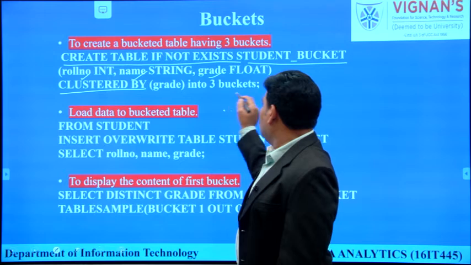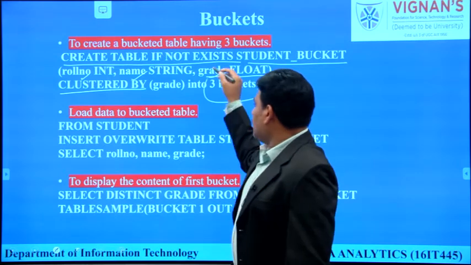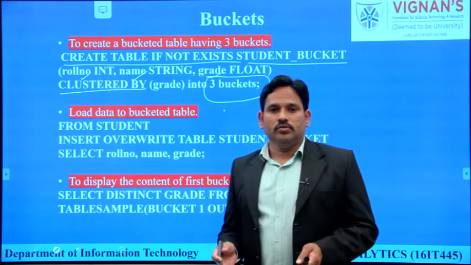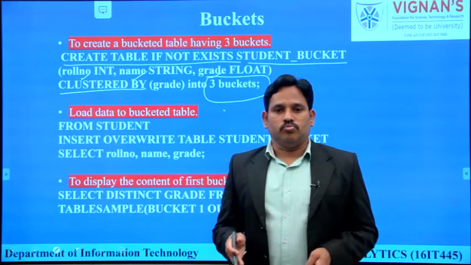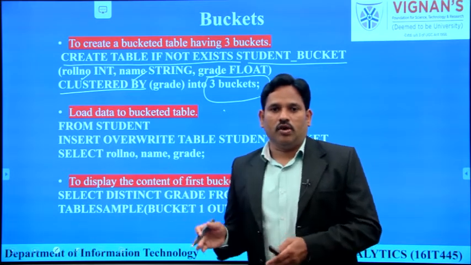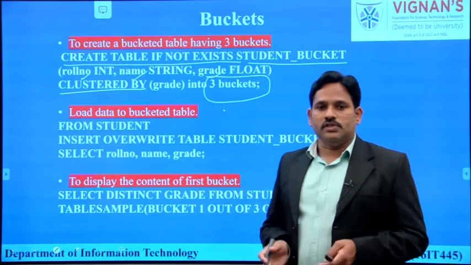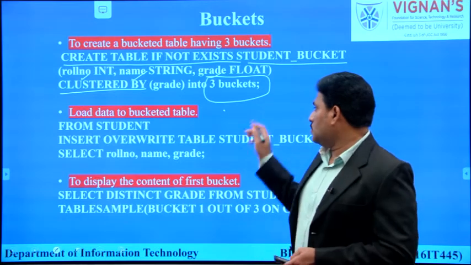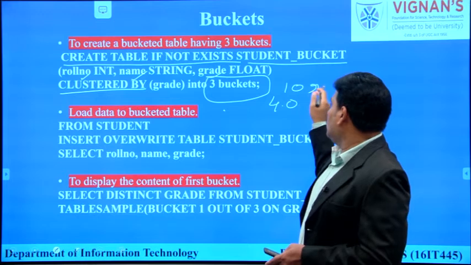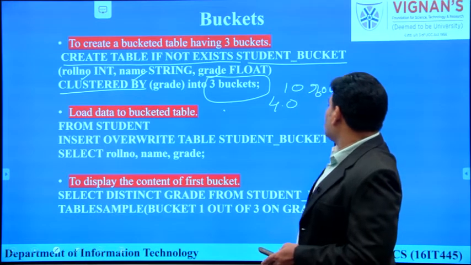Grade into 3 buckets. That means the total number of rows is going to be split into 3 separate smaller lists. Let us take the previous example, where you divided all the GPA 4.0 values. Let us say under GPA 4.0 we got 10 rows. Now if we supply these 10 rows, what will happen here?